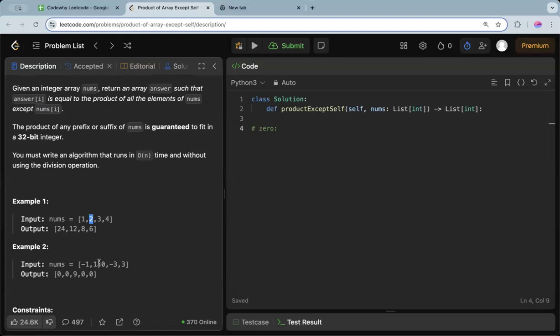Now, in an array like this, regardless of whether the numbers are negative or positive, if you have a zero, let's say you take index 0, you'll be expected to multiply all of the others and you'll have a zero inside. If you take the second item over here, you'll have a zero in it.